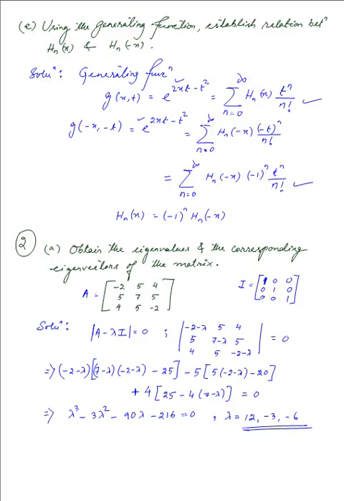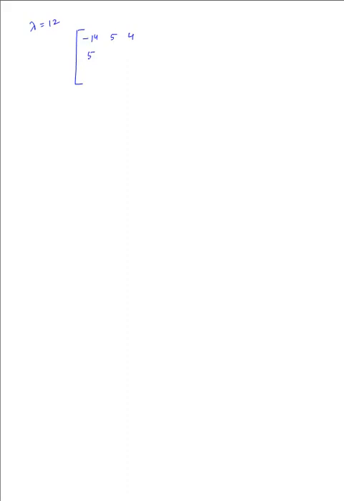So 7 minus 12 is going to be minus 5 and then 5, and the last case, obviously we know it's a symmetric matrix, so 4, 5 and minus 14. That multiplied to the basis, that is x, y and z, must be equal to 0.